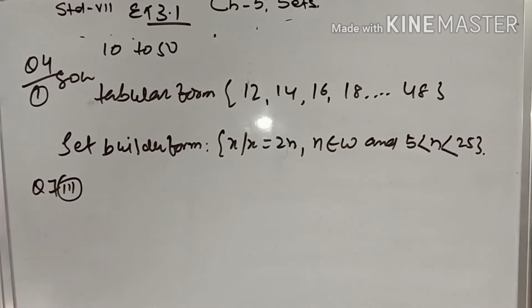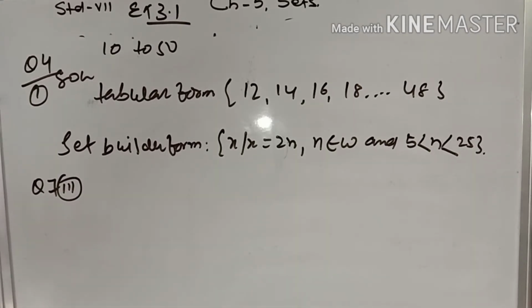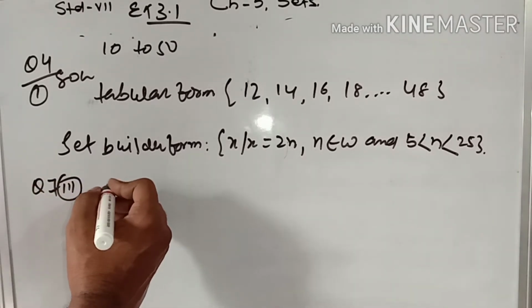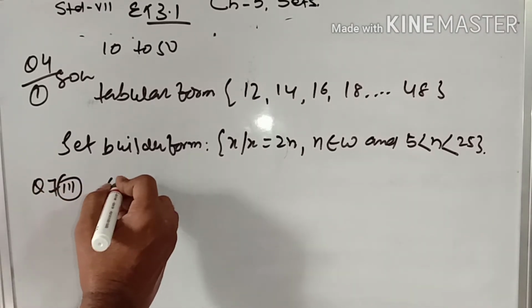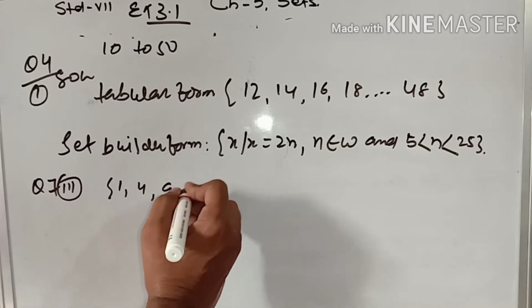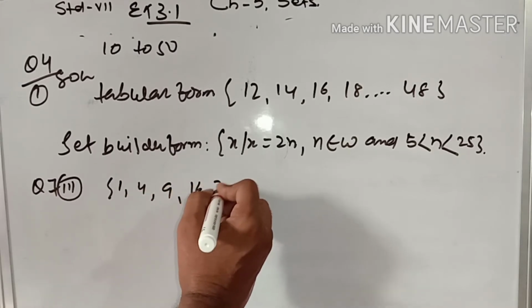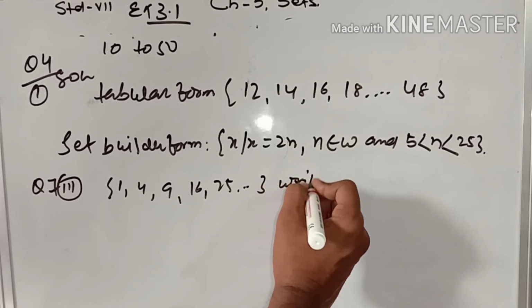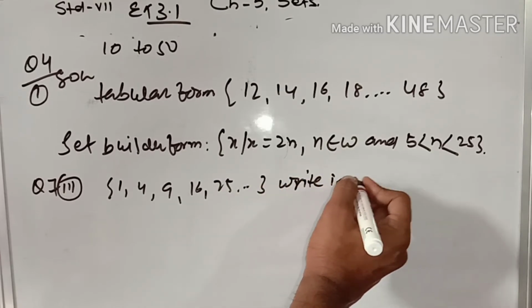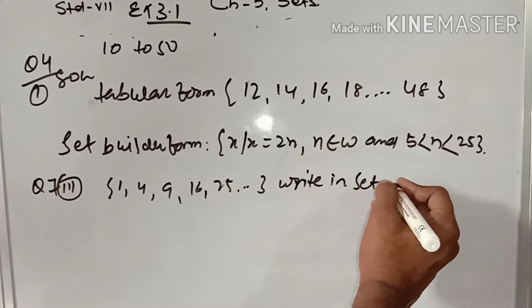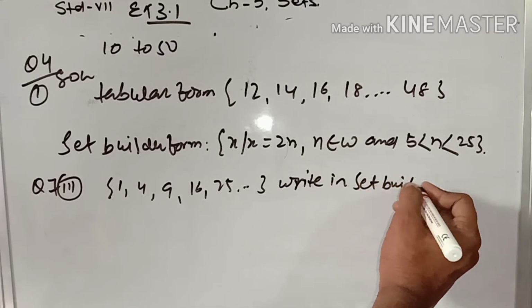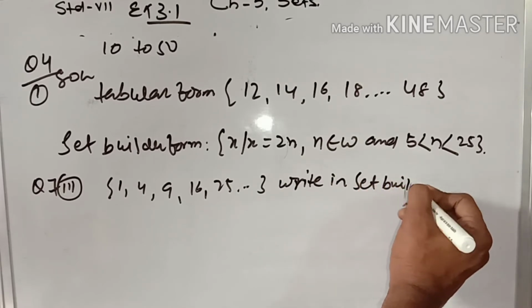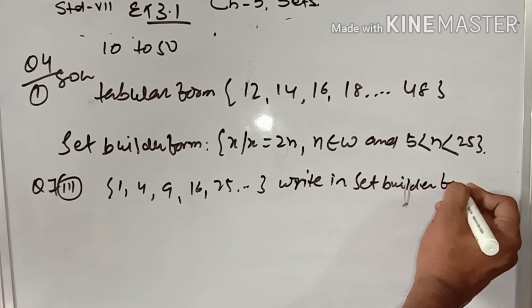Now question number 7, third. According to the study material I am doing, it is given: 1, 4, 9, 16, 25, and so on. Write in set builder form.